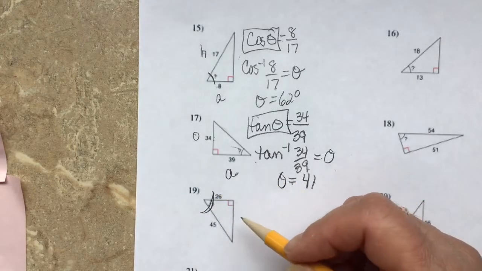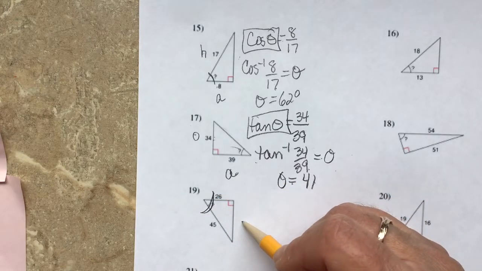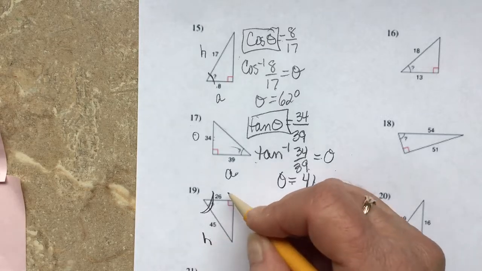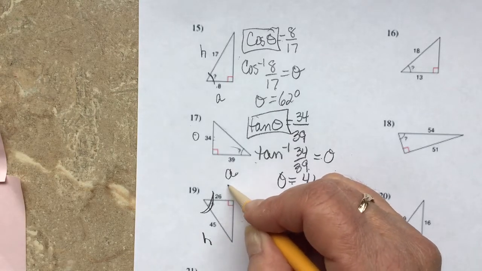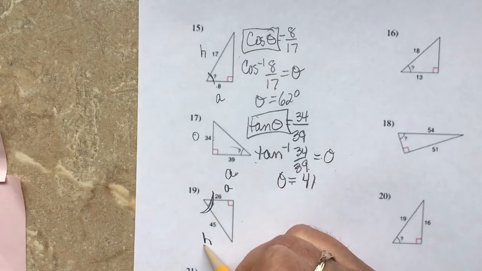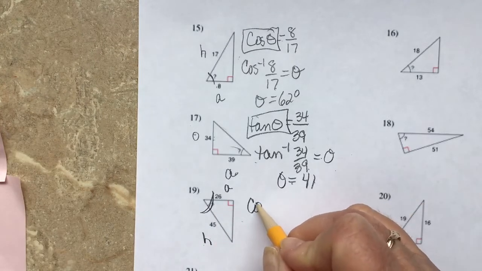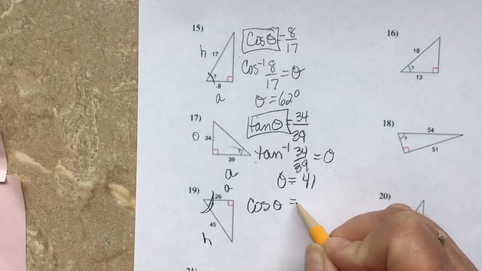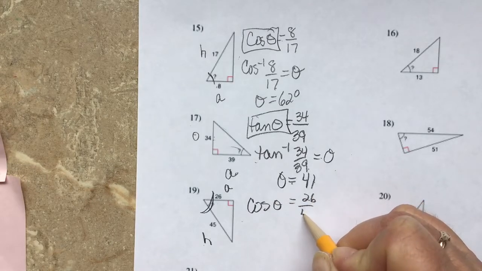Reference angle right here. There's my opposite. Here's my hypotenuse. Here's my adjacent. All right, I have 26 and I have an A and an H. That's going to be cosine. So cosine of theta equals adjacent over hypotenuse.